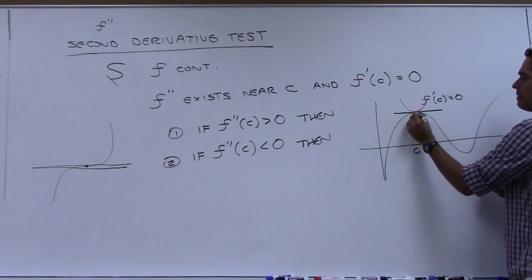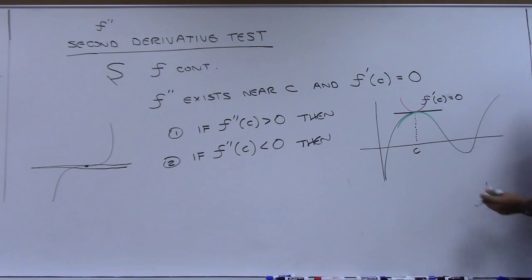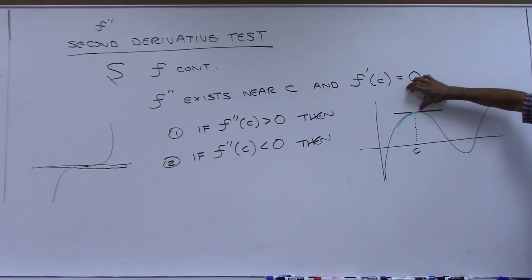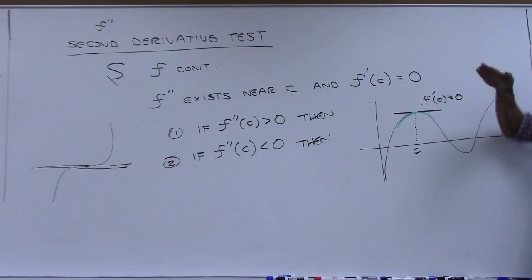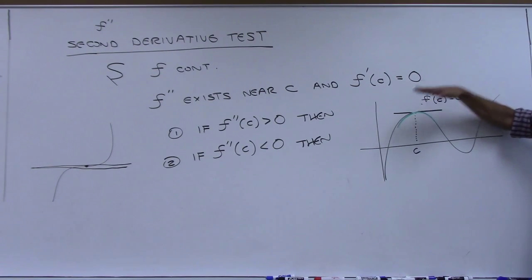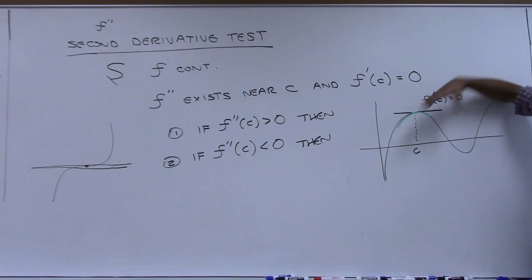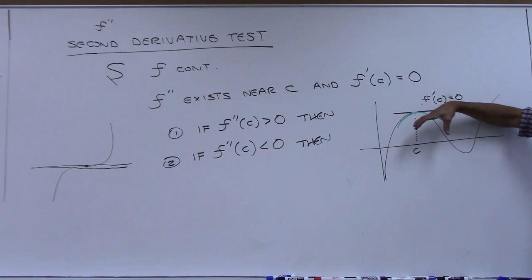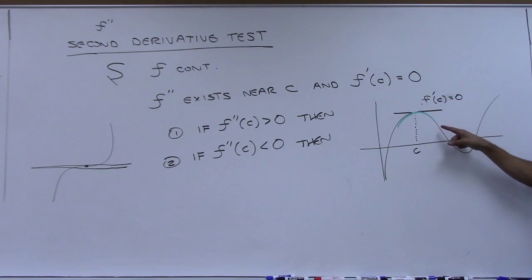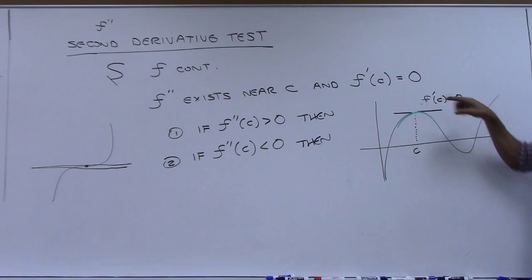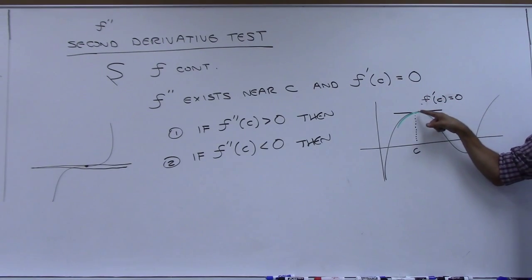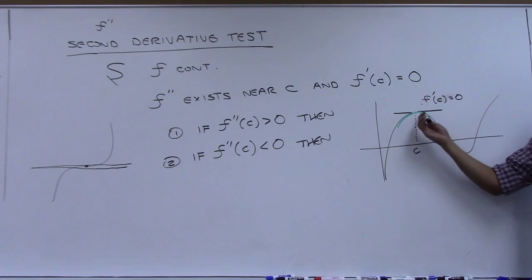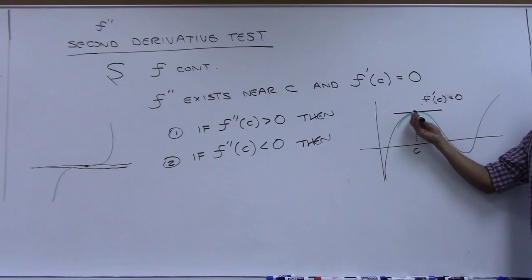So if you have a point on your graph where the derivative is 0 and the second derivative is negative, then you're looking at a what? Nope, inflection is where you change from positive to negative.